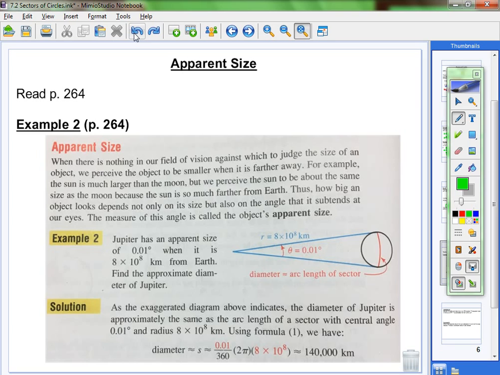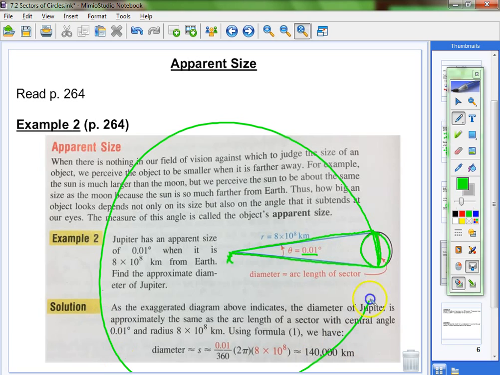And they tell us that we can do this by drawing an exaggerated diagram, where we've got Jupiter out here, and we're over here looking at it, and the angle formed by the top and the bottom of Jupiter, and the diameter of Jupiter would be here, which is approximately the arc length of this giant circle that goes like that.